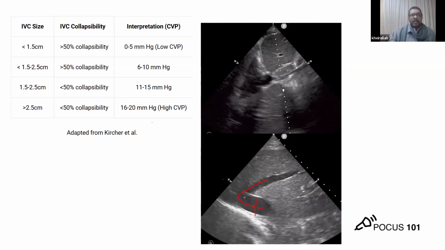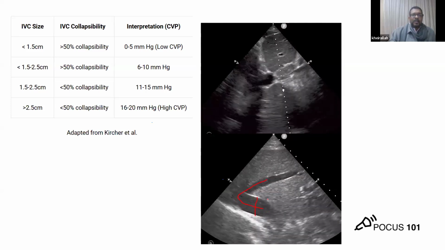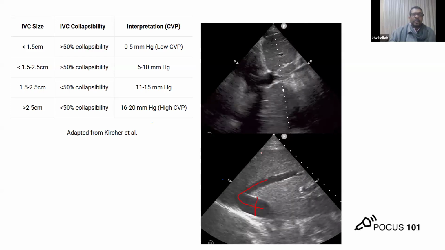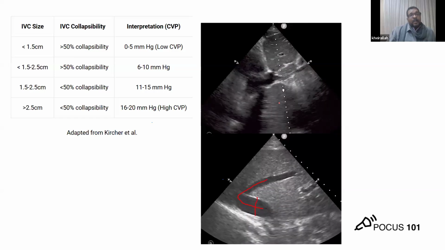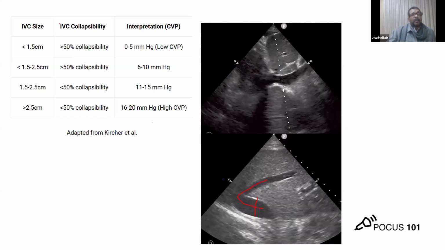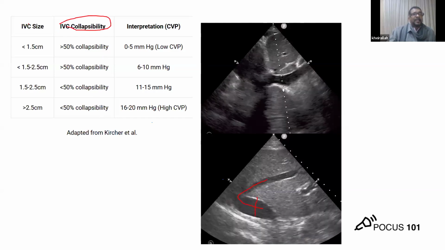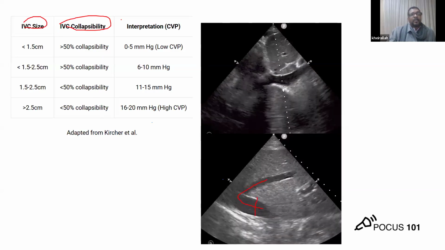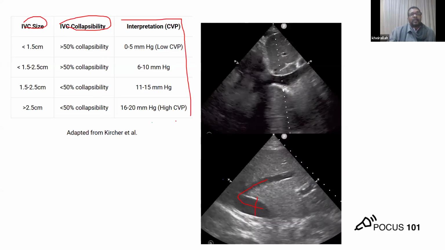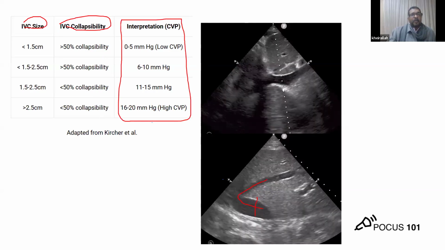Another feature is that it is not collapsible, so it's fixed in size. It doesn't change like in this one, which changes with respiration. So the evaluation of the IVC is done under two terms, collapsibility and size. And depending on these two metrics, you determine the central venous pressure, okay?